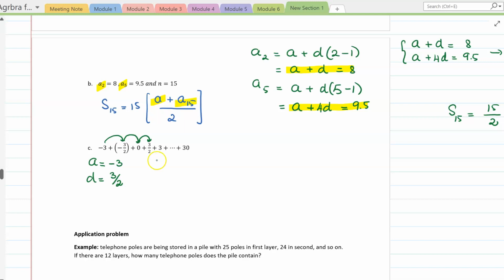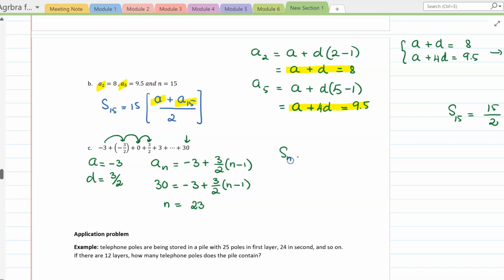So a sub n is equal to -3 plus 3/2 times n minus 1. Let's figure out what n will be when a sub n is 30. So 30 equal -3 plus 3/2 times n minus 1. So n here is equal to 23. This means what we want to do is to find the partial sum of the first 23 terms.